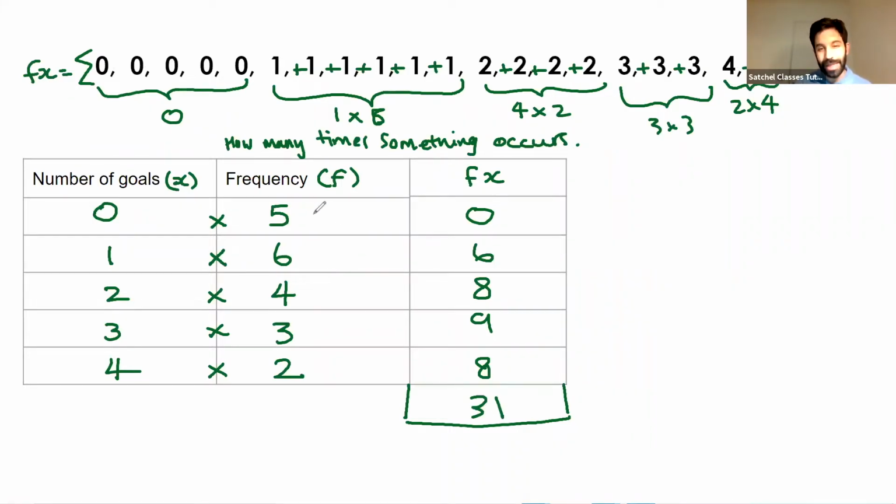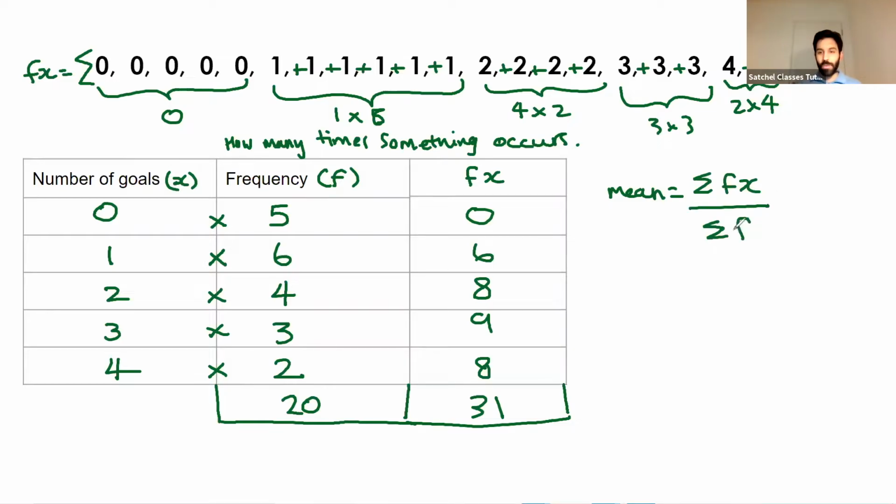And then we said that they played a total of 20 games, and if we add up the frequency, that should give us the number of games played. So they played 5 and 6 makes 11, plus 4 makes 15, plus 3 makes 18, plus 2 makes 20. So now that we have the sum of fx, or the total number of goals scored, and we know how many games they played in total, we can find the mean by doing the sum of fx divided by the sum of f.